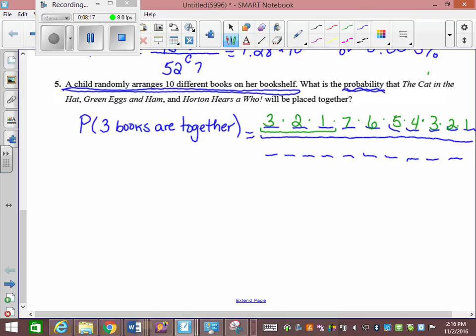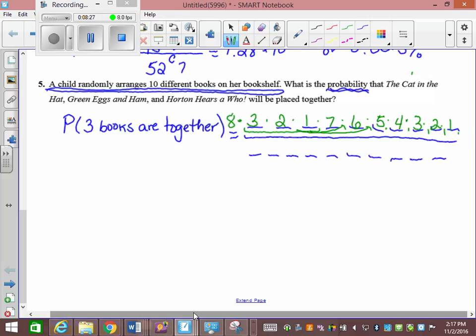So they could be together here, which is one way. 2, 3, 4, 5, 6, 7, 8 more ways, right? So I have to times it by 8. I'm just putting it here because I've run out of space. On the bottom, what am I going to have? Everything before the word probability. So the only stuff that's before probability is a child randomly arranges 10 books on her bookshelf. How can I arrange 10 books on my bookshelf?